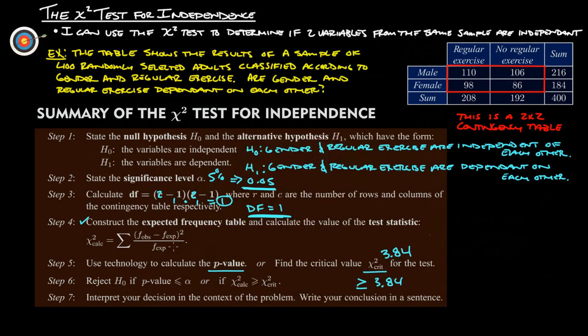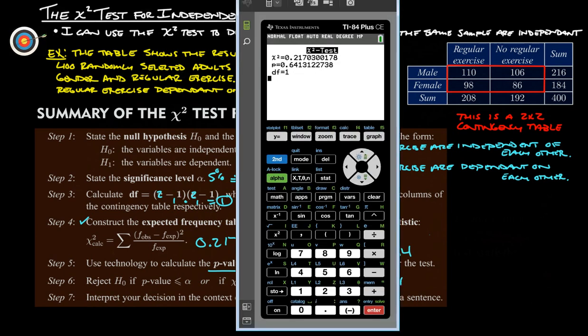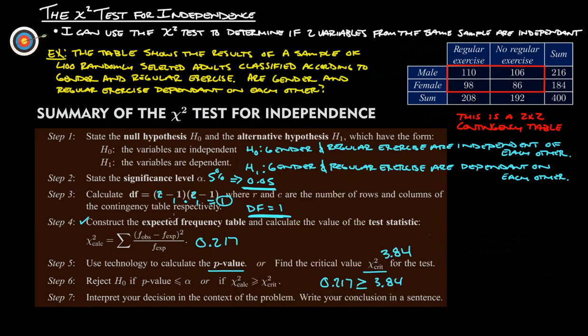So let's see, chi-squared calculated 0.217. So that's going to go over here, 0.217. And our p-value is 0.641, right? Because I think it's somewhere in here it said to find, there it is, 0.641 is our p-value, and this is our chi-squared calculated value.